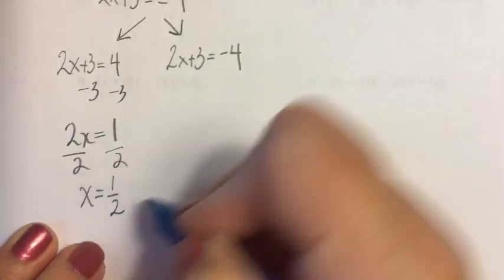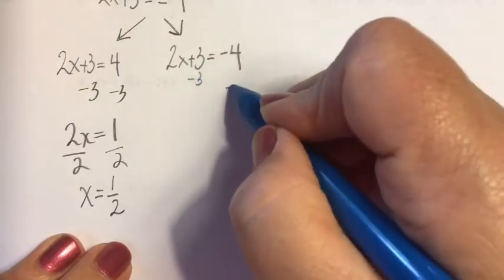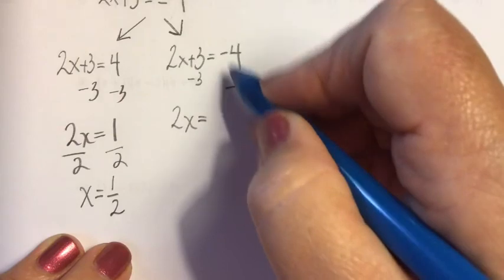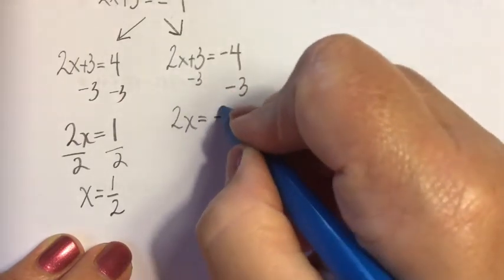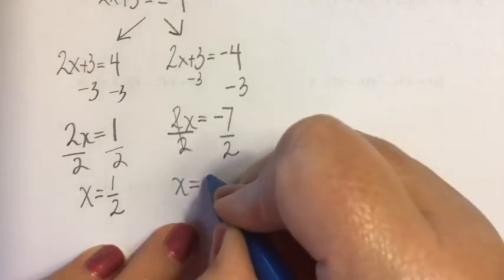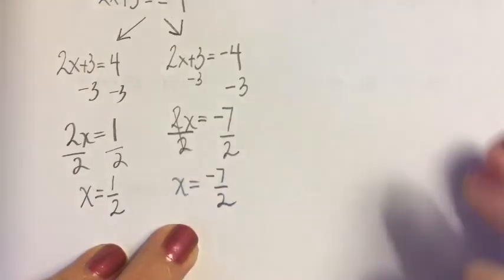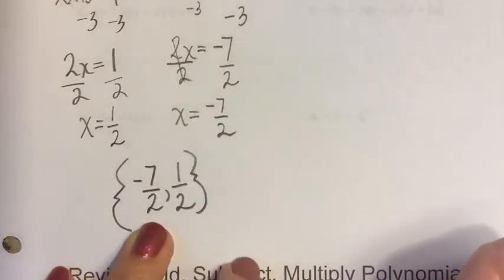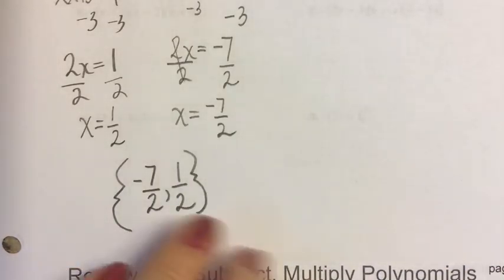One half is one of the solutions. Next, I'll subtract 3 from both sides. 2x will equal negative 7. Then I'll divide by 2. X will equal negative 7 halves. The two solutions are negative 7 halves and 1 half.